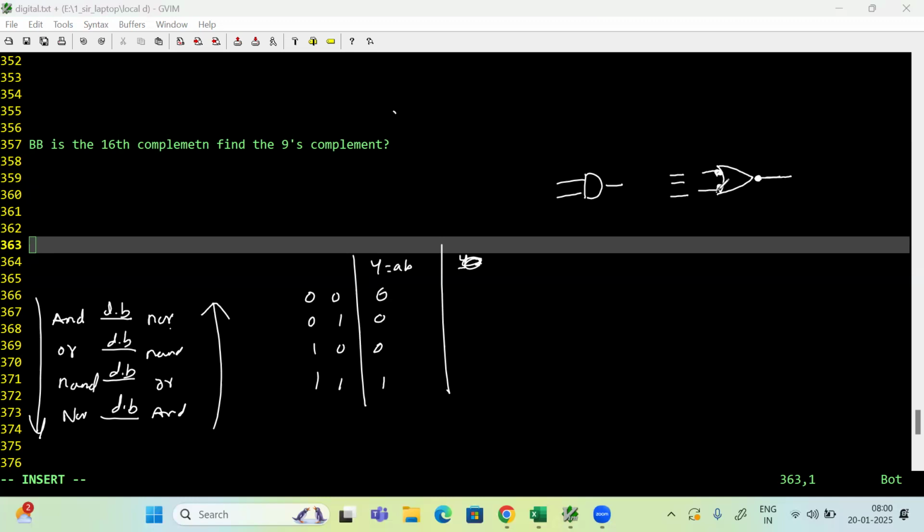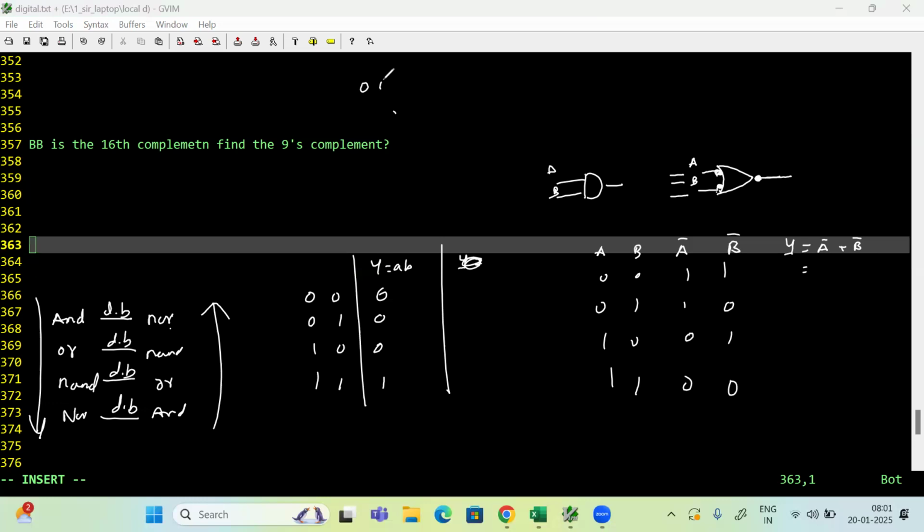Bubbled NOR, correct? So the A, the B, the A, the B. AB 0 0, 0 1, 1 0, 1 1, correct? A bar and B bar. Can you tell me A bar? Correct? A bar, B bar. Now, can you tell me Y equal to A bar plus B bar? What is the value?